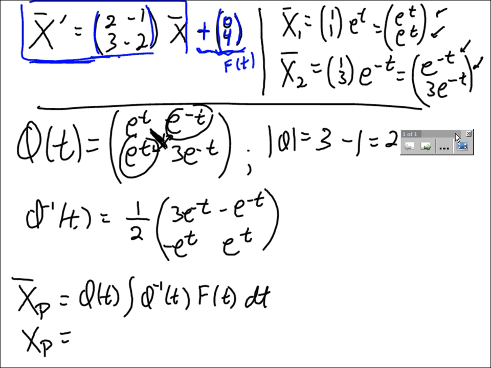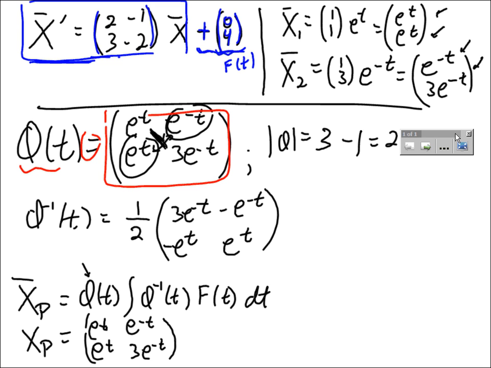Phi of t is e to the t, e to the negative t, e to the t, 3e to the negative t. What did I get that from? Well, since I wanted phi of t, I look somewhere where it says phi of t equals.